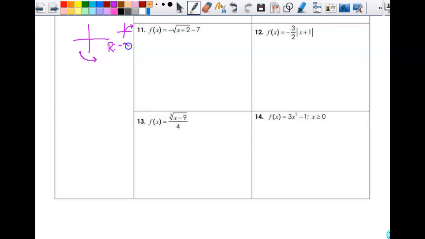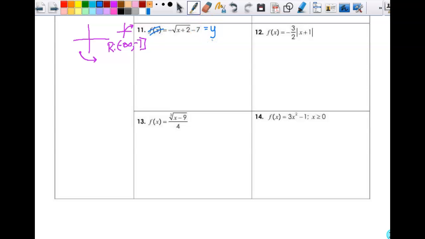Negative infinity, and then I would go to where? -7. Do I include -7? Yes. And do you see how having that little sketch can help you with that? It can help you kind of visualize what's happening. That's the range of my original one. So when I get to the end and I need to talk about the domain of my new function, we'll write that down, okay? So let's look at finding the actual inverse.